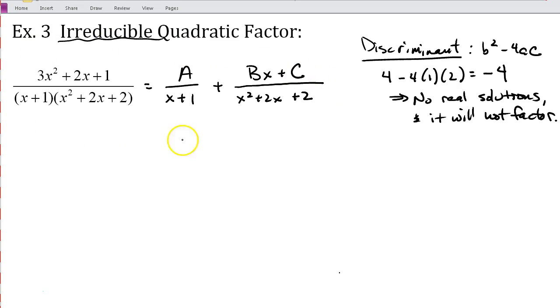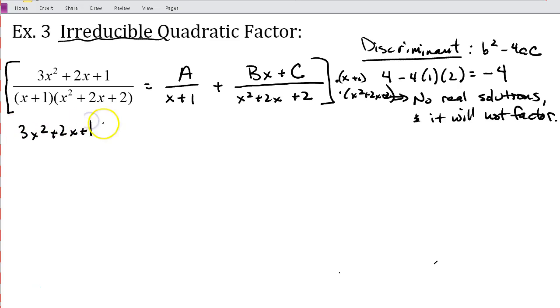So now we're going to work with this, using the same method that we did before. We're going to multiply through by the common denominator, x plus 1 times x squared plus 2x plus 2. Ran out of a little room here. So what we get is 3x squared plus 2x plus 1.